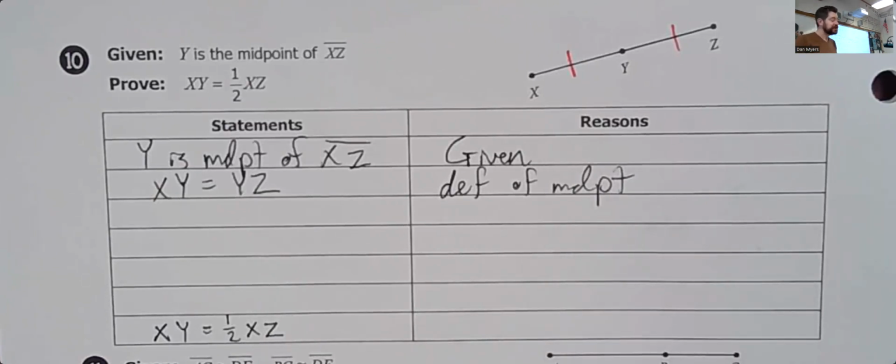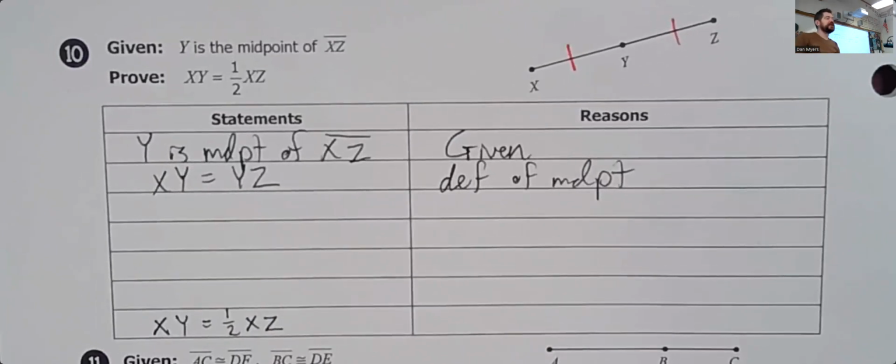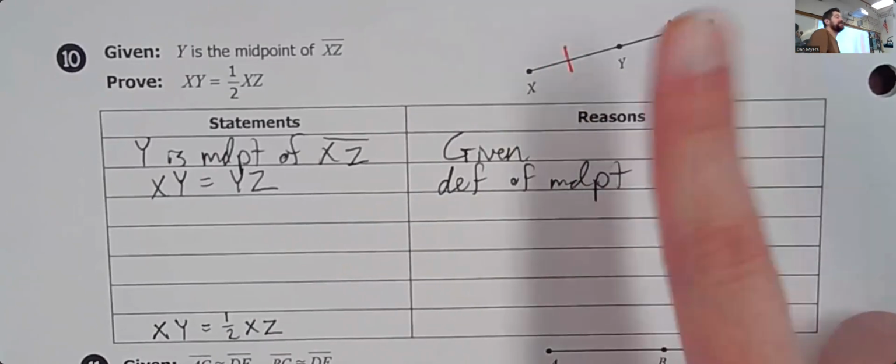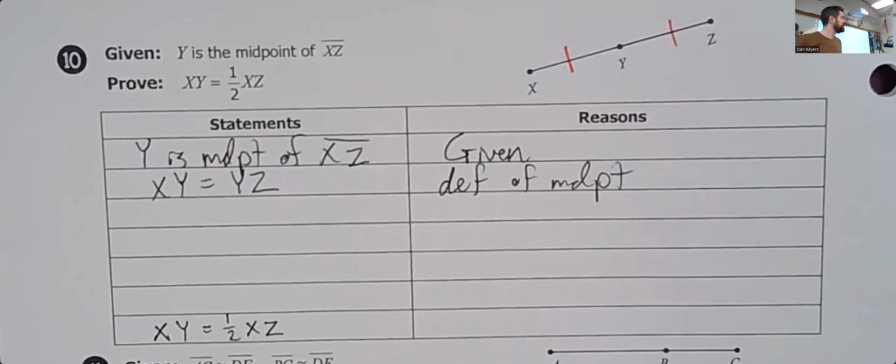So what have we been using a lot of times in relation to segments, when we have a segment and smaller parts of that segment that make up the whole segment? The segment addition postulate. Let's write that down.